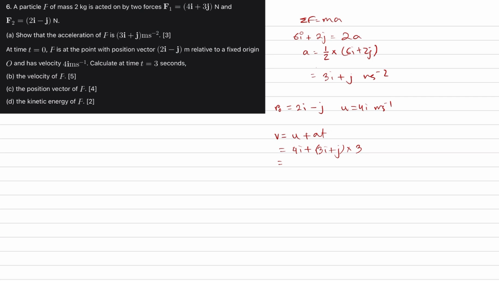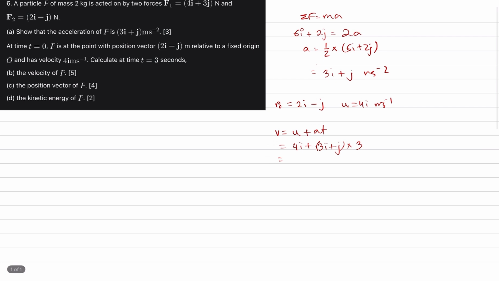There is no other variable affecting the value of acceleration. For example, if the acceleration was 3ti plus j, that would mean that as time passes, the acceleration would be changing. There's none of that here, so we can use the suvat formulae.